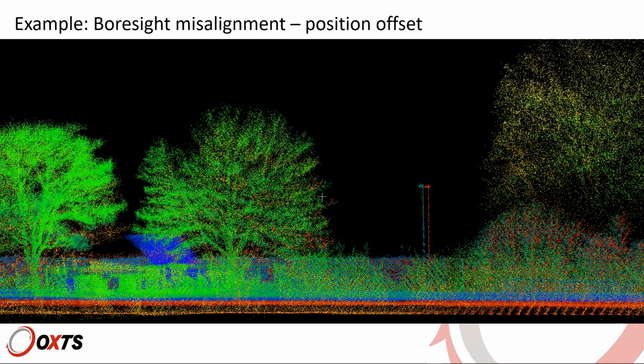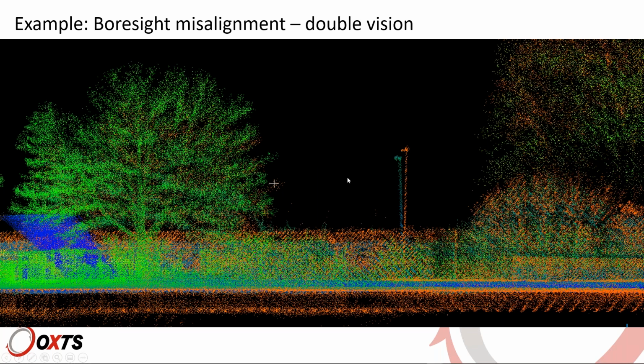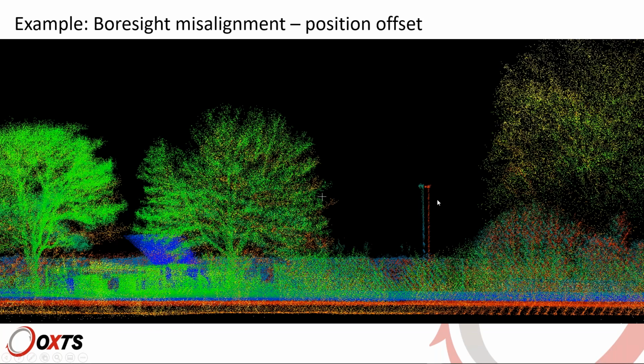Another problem is the position offset. In this case, we have 2 point clouds on top of each other. The blue one was obtained with a proper Boresight alignment. The red one, it's the same that you can see here. That's this red lamppost here. So it's a single pass.